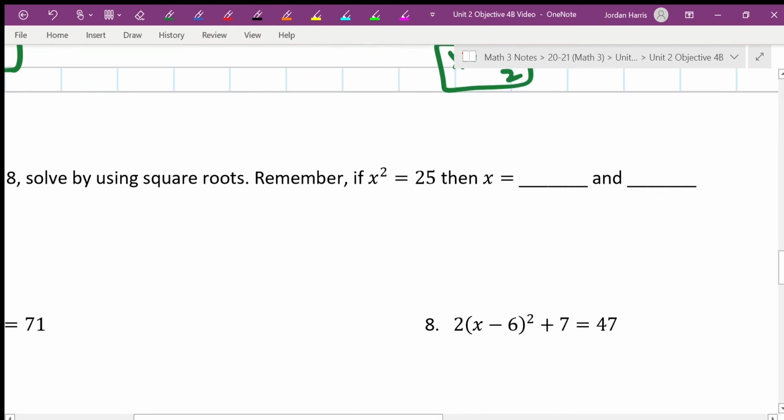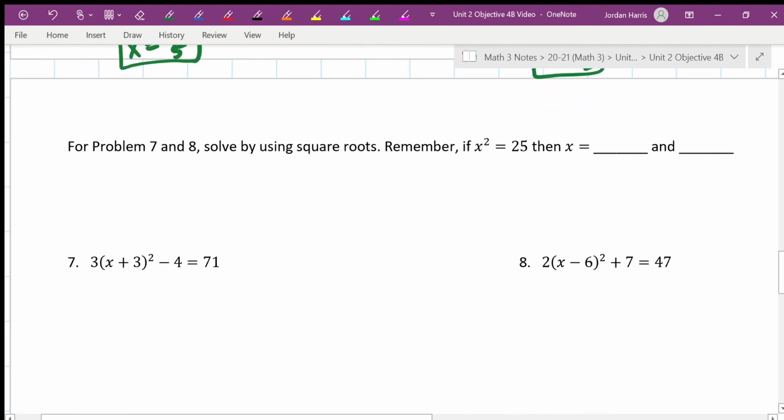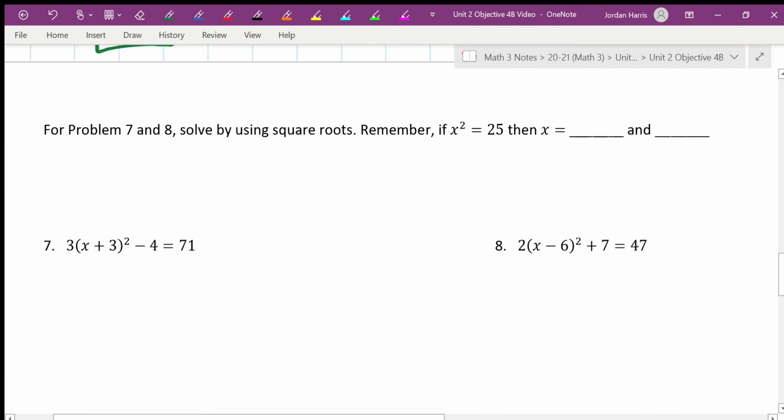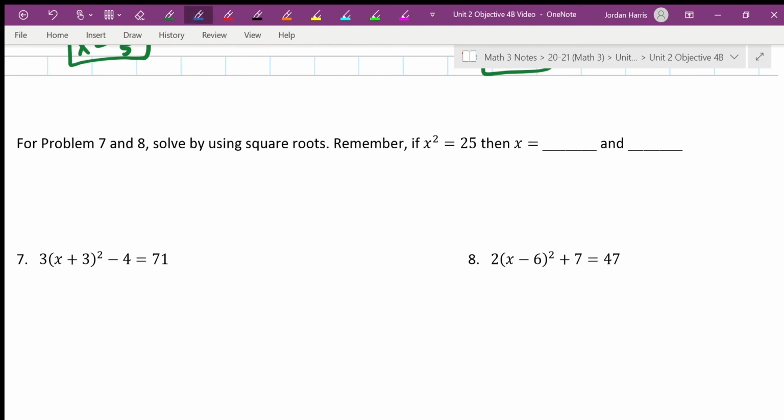Okay. All right, now we're going to talk about square roots. So for problem 7 and 8, solve by square roots. Remember that if x squared equals 25, so hopefully you know this, if I have x squared equals 25, I need to get x by itself, so I got to square root both sides.